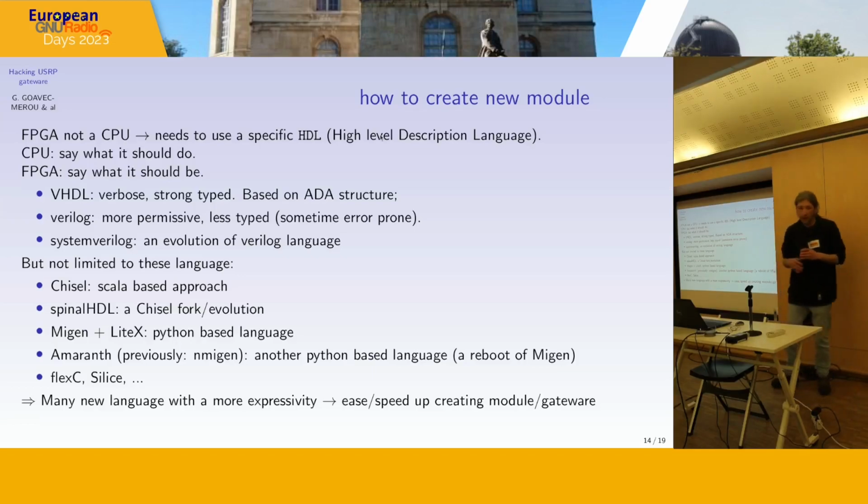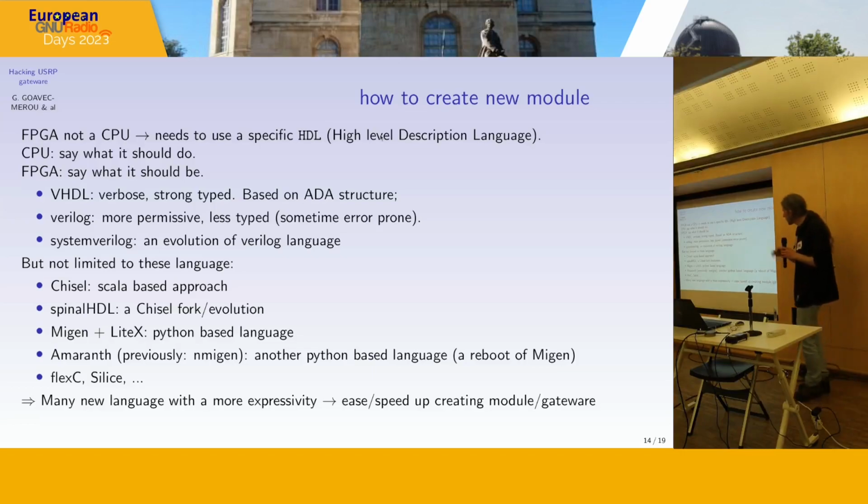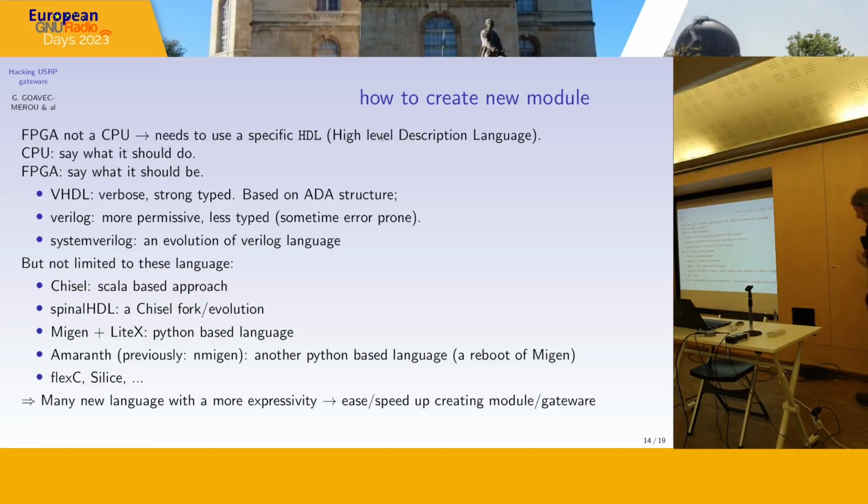SystemVerilog is an evolution of the previous one with some more features. I'm not really clear with it. I've never tried it. But in fact, for these languages, the synthesis tools, the FPGA tools, need as input one of the three languages, so everything must be generated and written into one of these.